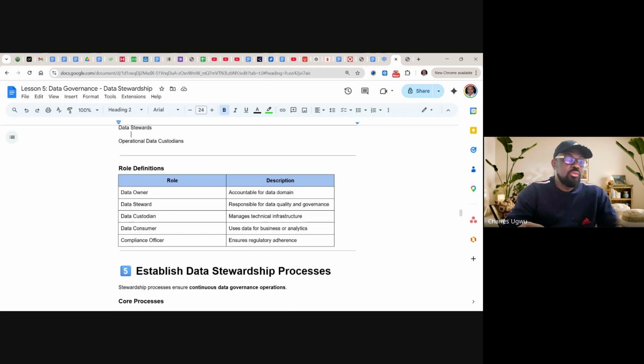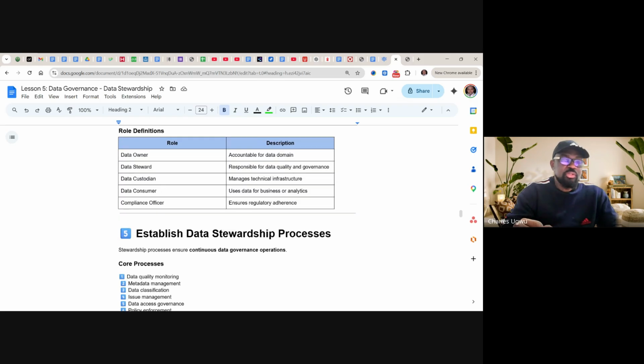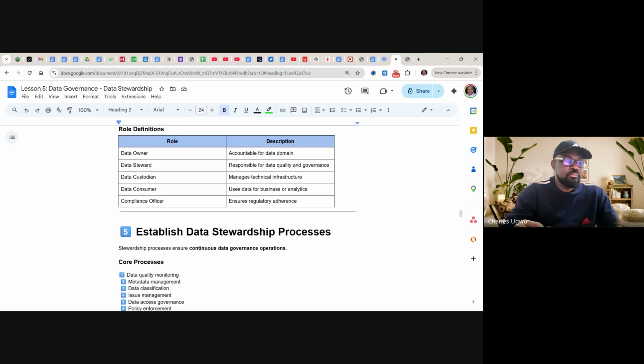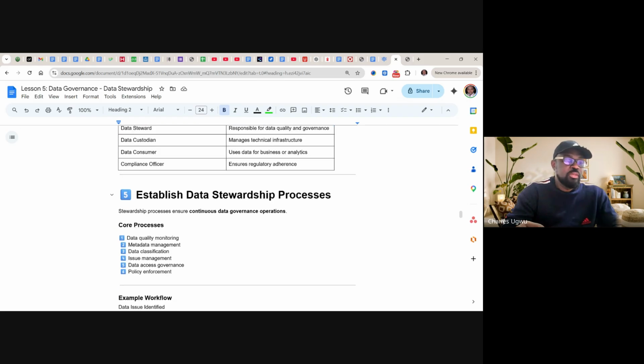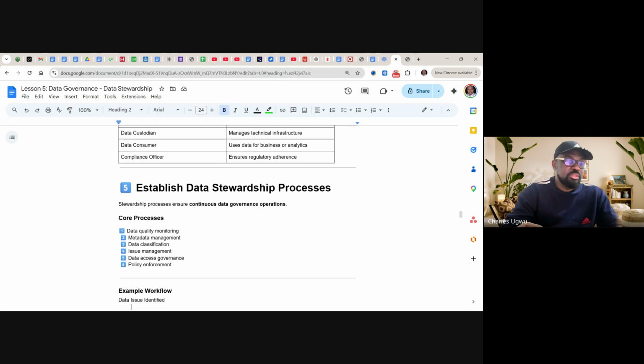So you've defined each of the roles and then establish the stewardship process. Under the process, you state it one after one, sequentially, starting with data quality monitoring, metadata management, data classification, issue management, data access governance, and policy enforcement.